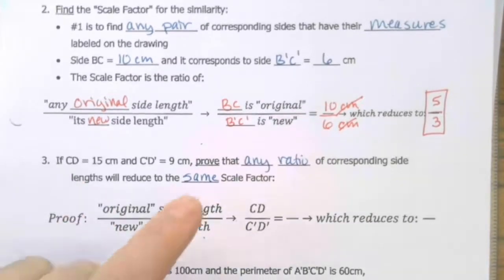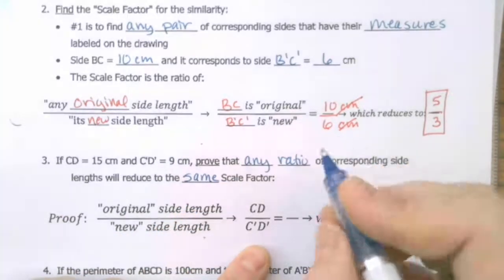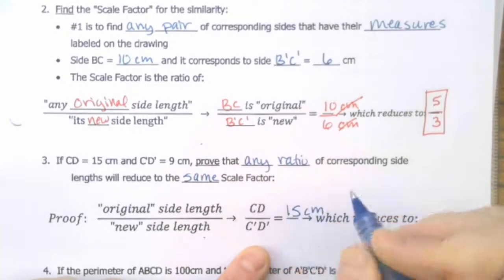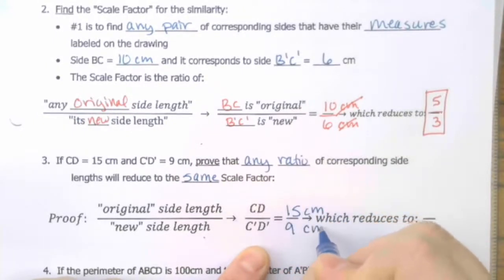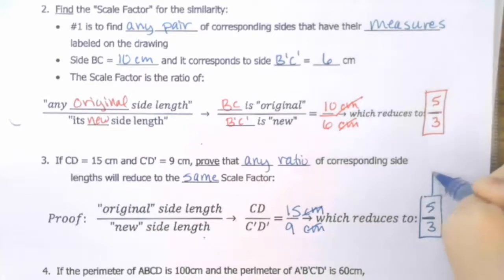Original over new, CD over C prime D prime. CD is 15 centimeters. C prime D prime is 9 centimeters. Centimeters cancel, and it reduces to 5/3. So that matches the scale factor of the other two sides given. So you're proving that the corresponding side lengths are the same scale factor.